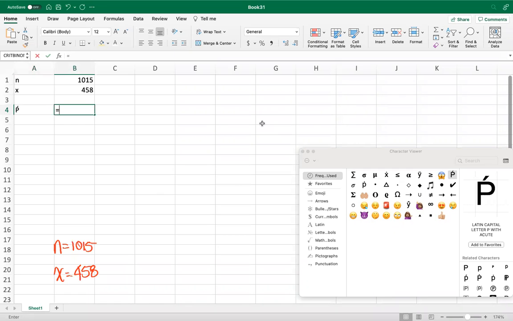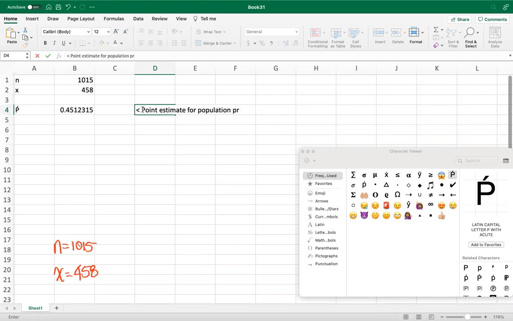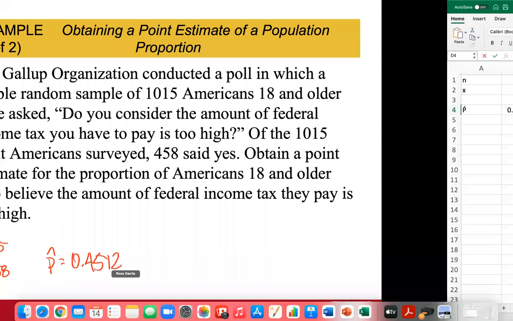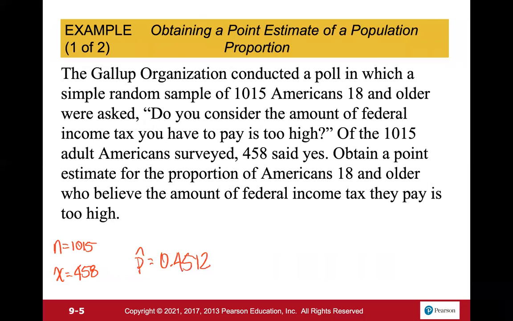P hat is going to be equal to 458 divided by 1,015, and that's our point estimate for the population proportion. We can write that down: 0.4512.